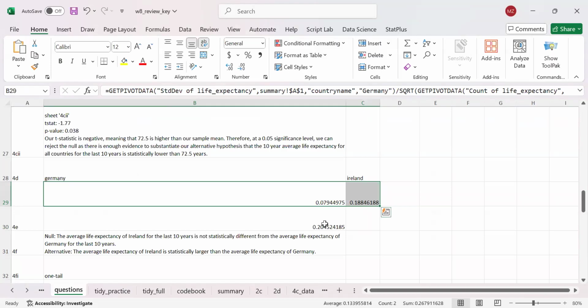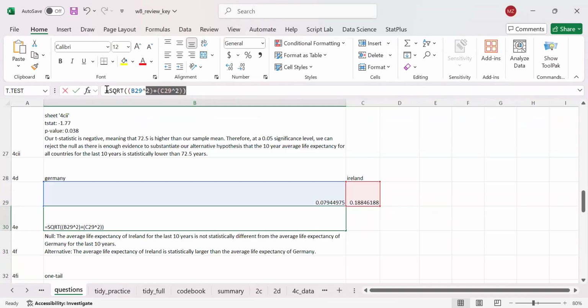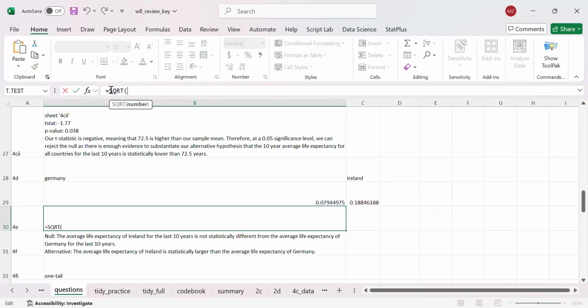So basically, the square root of this square plus this square.